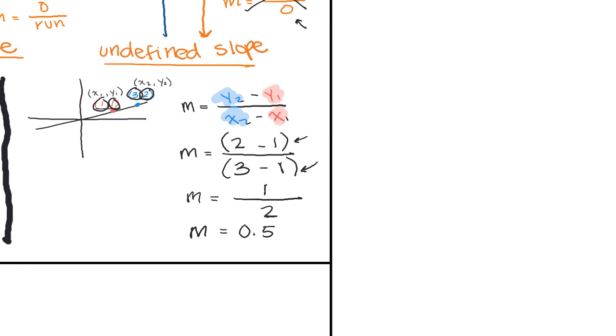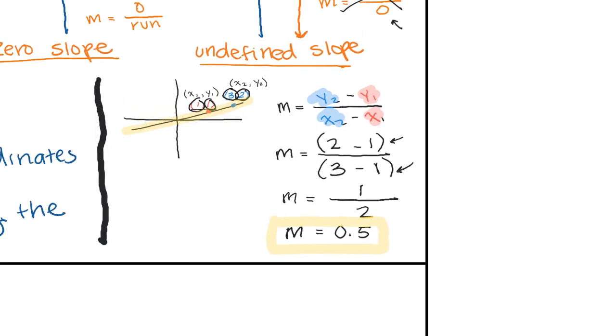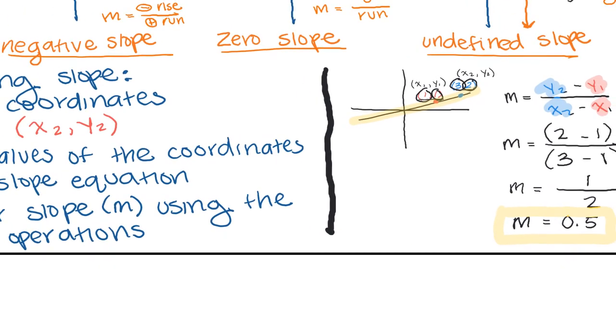So our slope for this line right here is m is equal to 0.5. I'm actually going to undo that highlighting because you cannot see the answer anymore. So m is equal to 0.5. That is the slope of this line following all these steps right here.